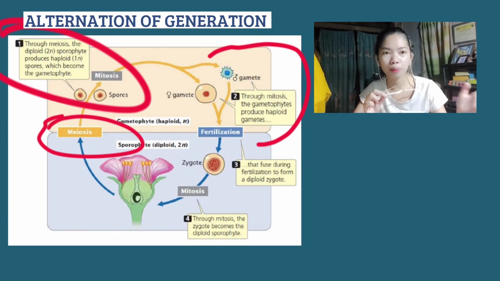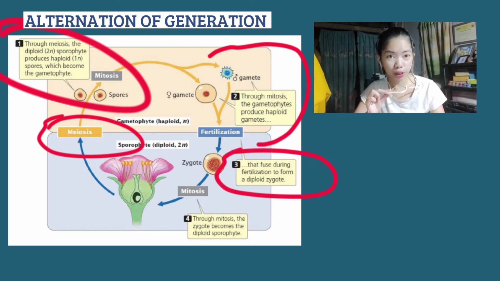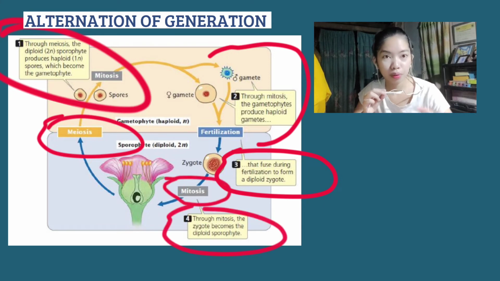Pollen represents the male gametophyte. The sperm and the egg are both haploid. During fertilization, the sperm will fertilize the egg and then we get a diploid zygote. This diploid zygote will then divide by mitosis and we get a sporophyte generation.